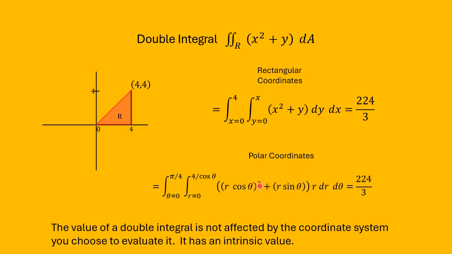Evaluating this took a long time if you're doing it by hand, with lots of calculations to do. And in the end, we found out that the value of this iterated integral also was 224 thirds, the same as we have up here.